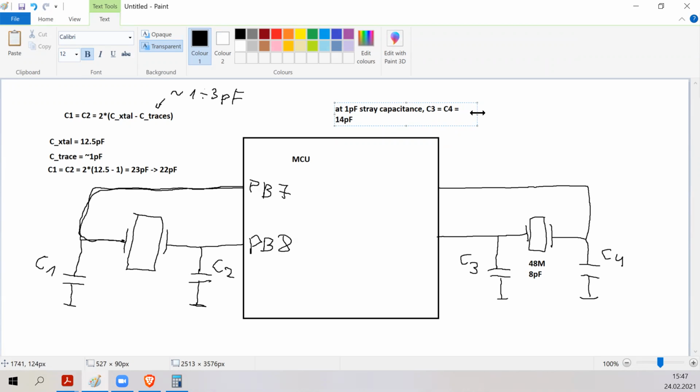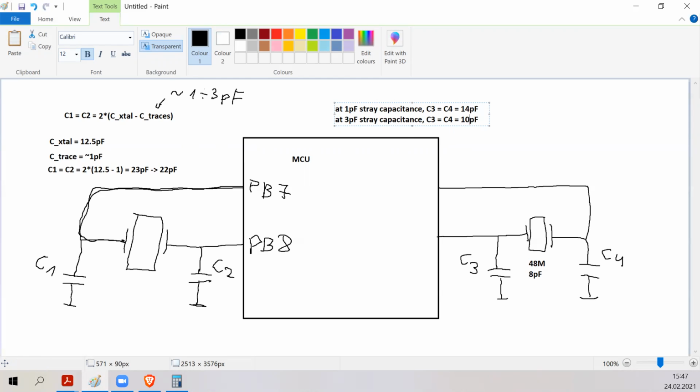Okay. At 3 picofarad stray capacitance, C3 equals C4 equals 2 times... So 8 minus 3 is 5. 5 times 2 is 10 picofarad.